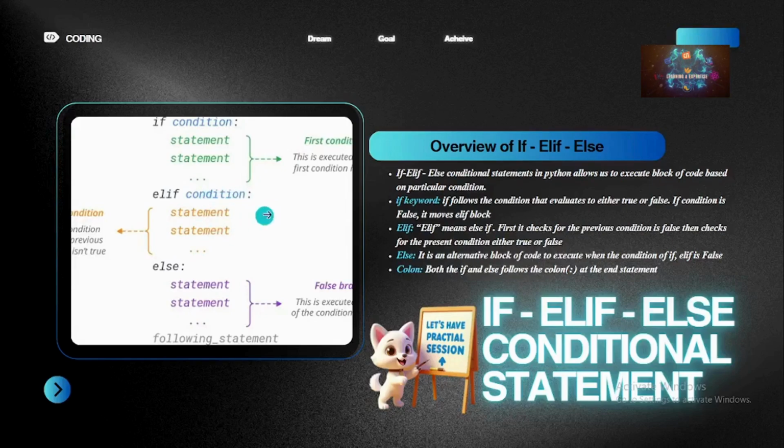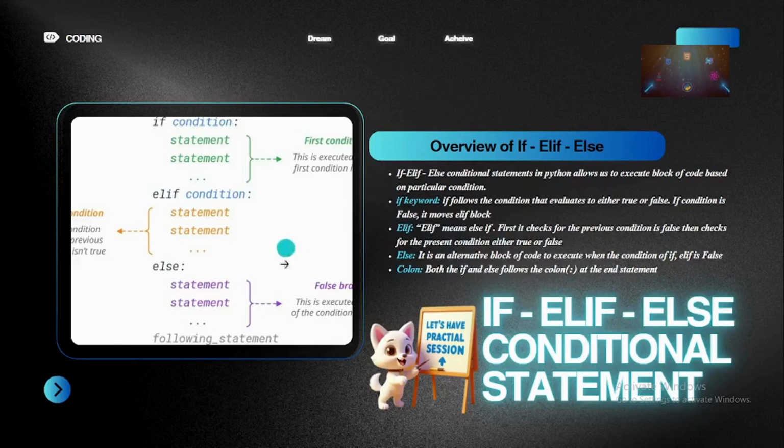If this condition is true, then it executes the statements which are present inside the elif. If this condition is also false, then it moves to the else statement in Python. The working is the same, but when we have multiple conditions, meaning one or more conditions, then we prefer if, elif and else. If we have only a single condition and we require only one alternative, then we prefer the else condition.